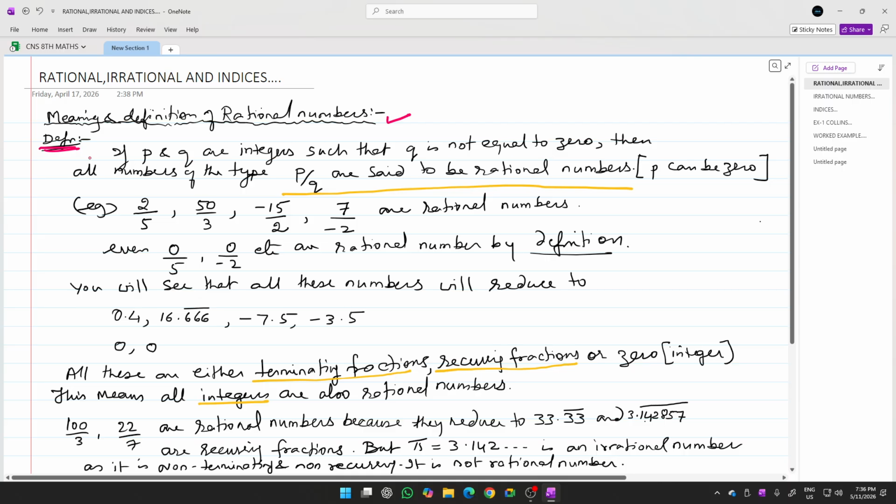So basically, there's an alternate way of putting this definition. Any fraction of the type P upon Q such that in the numerator you have P and in the denominator you have Q. Both can be integers. Only restriction is the denominator. In the denominator, the integer should not be equal to 0.